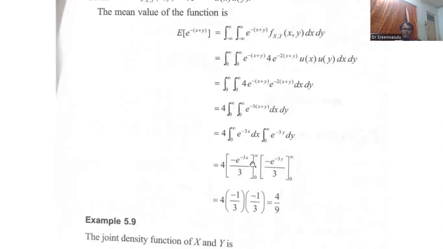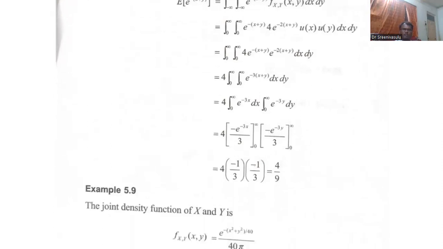The upper limit is infinity, so e^(-infinity) is 0, minus e^(-0), which is 1. So in this term we are going to get 1, and here also we are going to get 1. So finally, the answer is 4 by 9. It is a simple problem on the joint density function of multiple random variables.